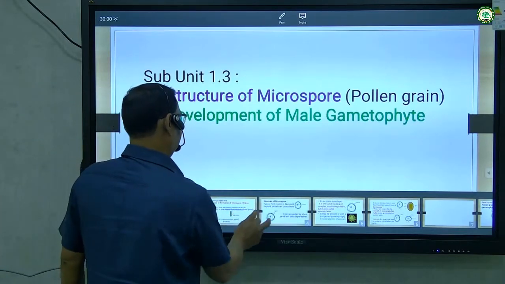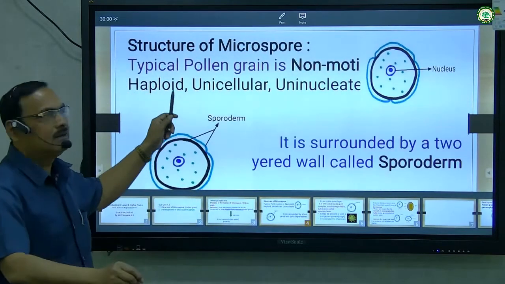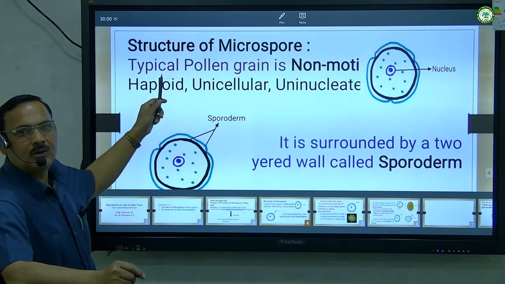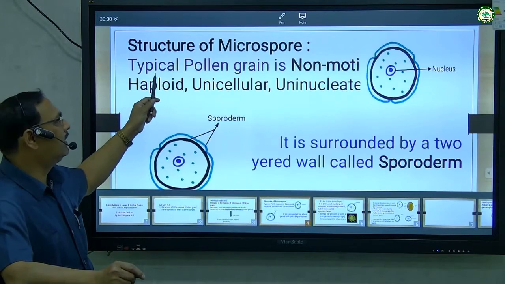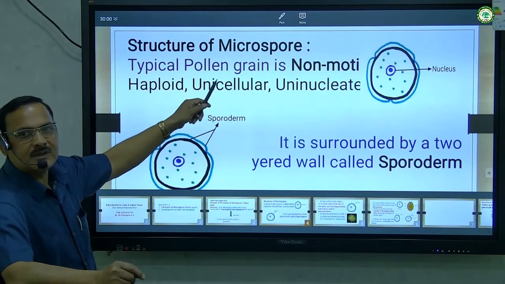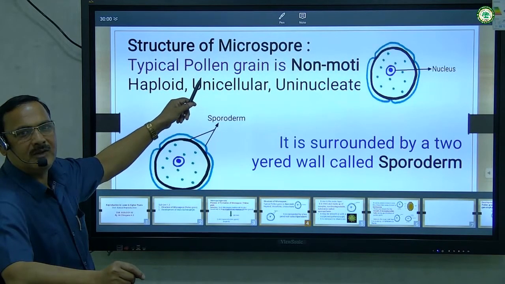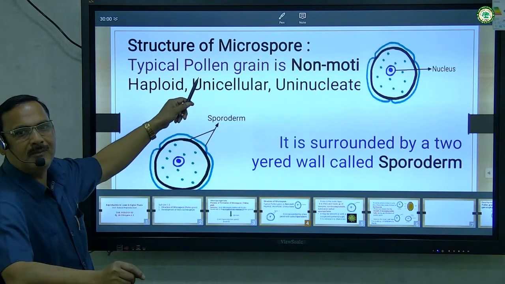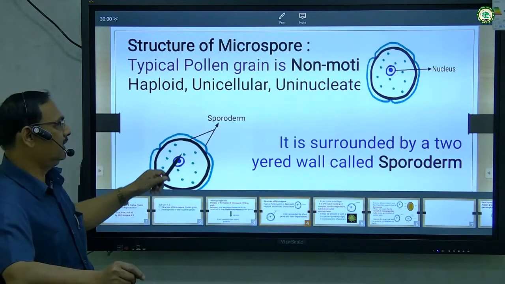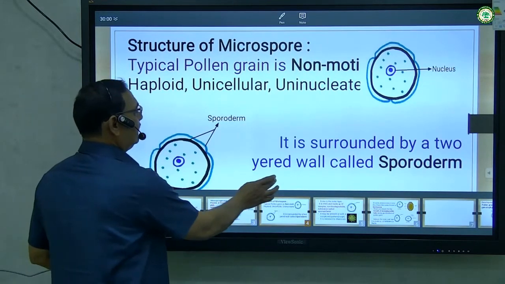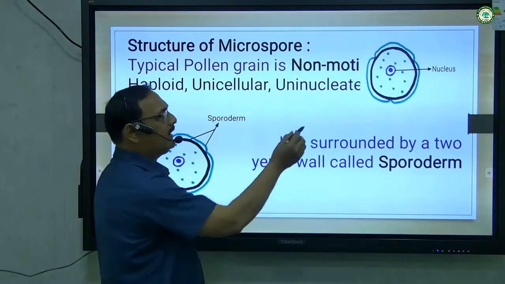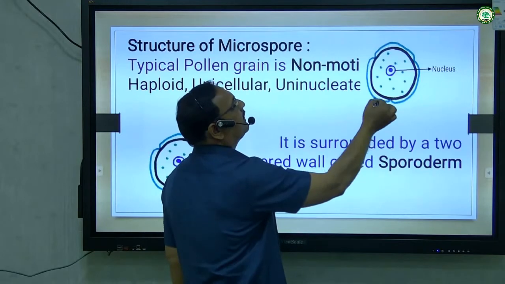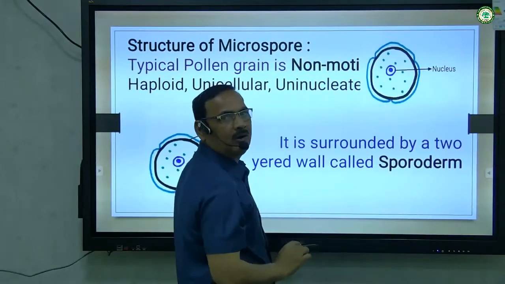The structure of microspore or pollen grain has various shapes. It may be spherical, triangular, or elliptical. In the given figure, you can see the pollen grain is spherical, or round in shape.